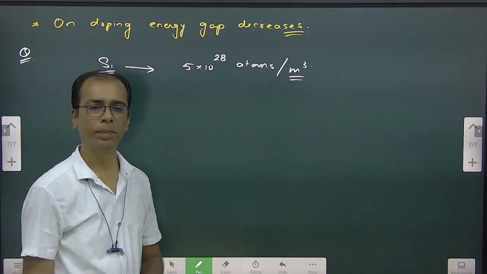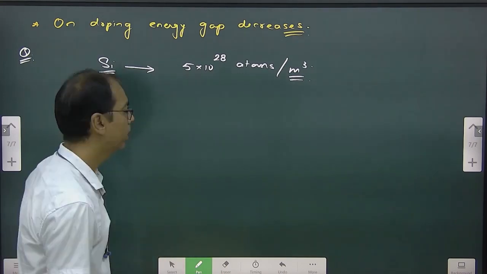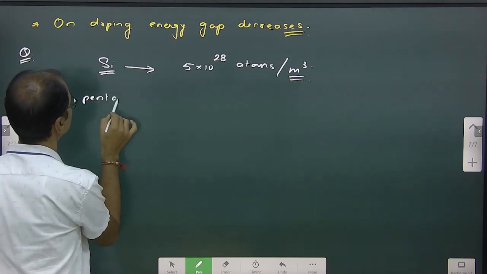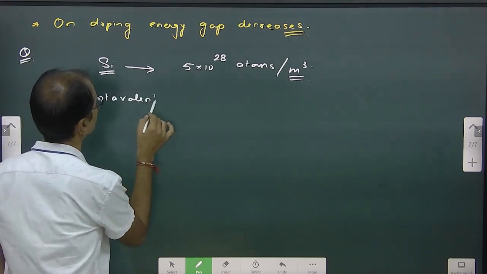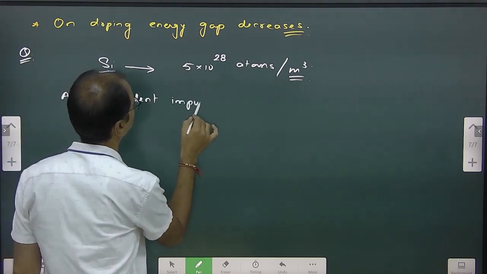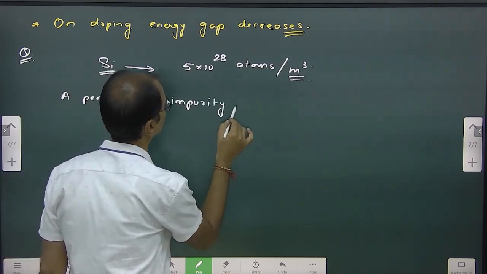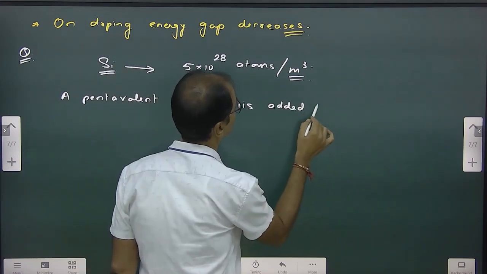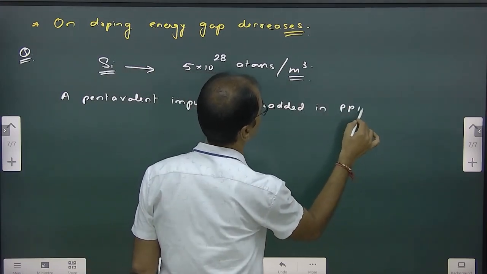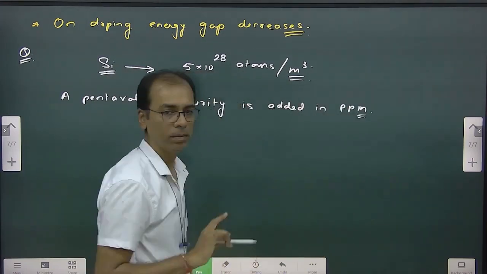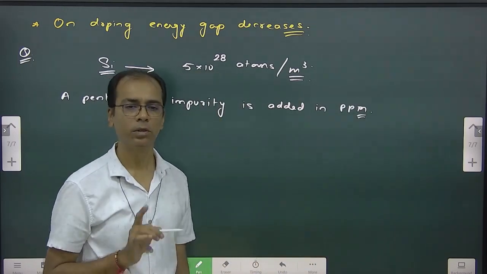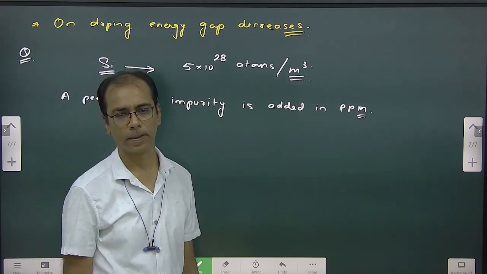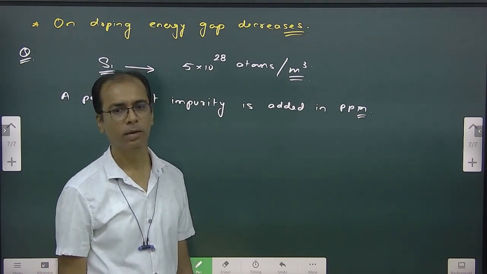And in this, pentavalent impurity is added in ppm. That means 1 atom per 10 to the power 6 atoms of silicon, we are adding one pentavalent impurity.